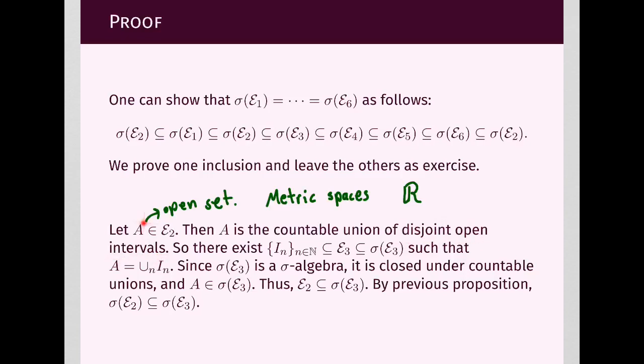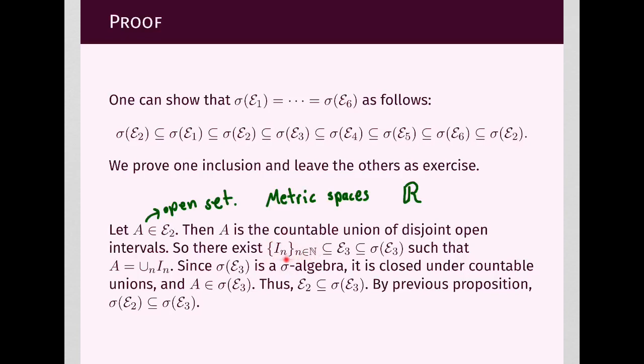So this A is an open set. Why is it an open set? Because it's a member of E2, and E2 is exactly the family of subsets of R which are open. So being an open set, it can be written as a disjoint union of open intervals.